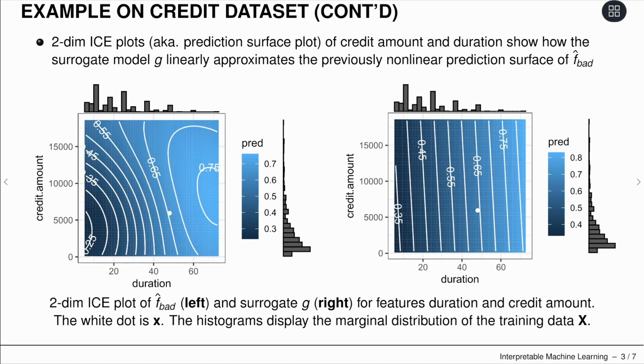So let's do that a bit more complex and see how these different things interact with each other. Here we have now a 2-dimensional ICE plot. More precisely, we see the surface of the original model. So we have F hat here and G hat over here. That's because of the RBF kernel and so on, fairly complex.